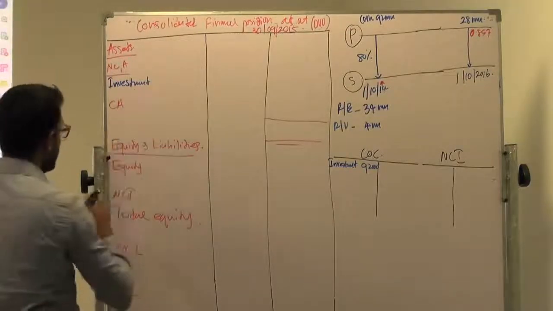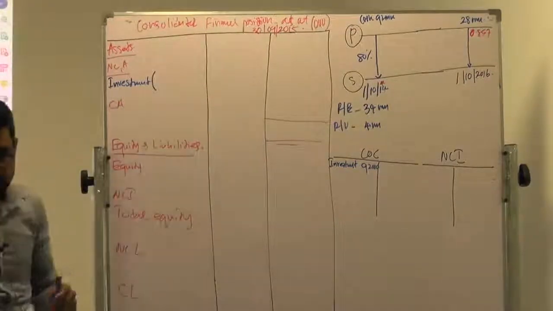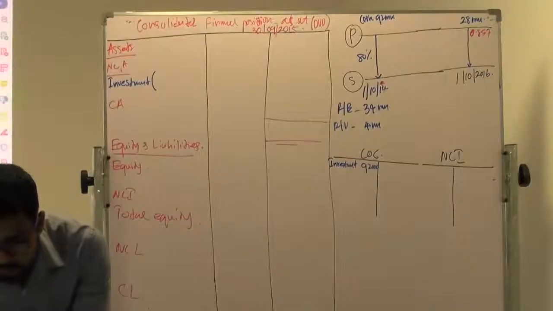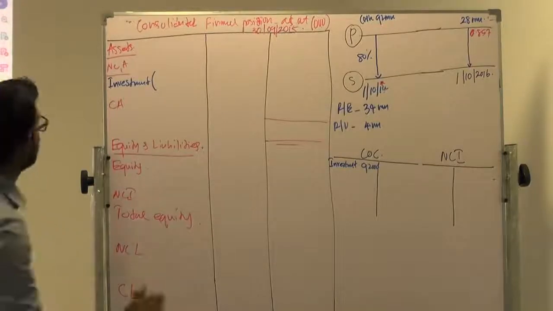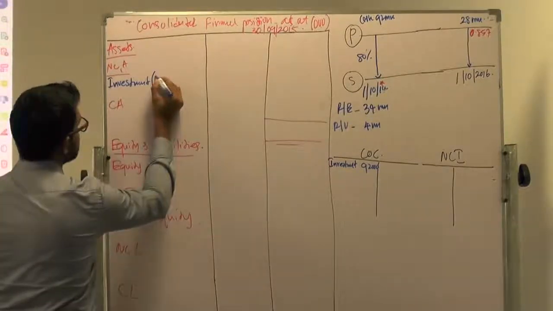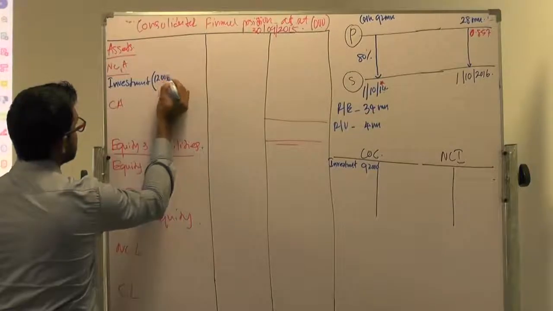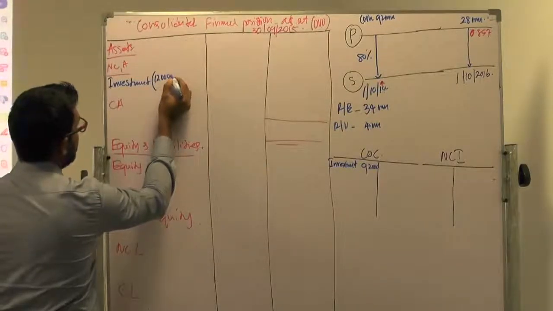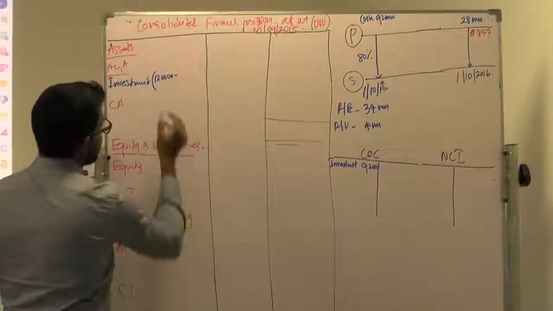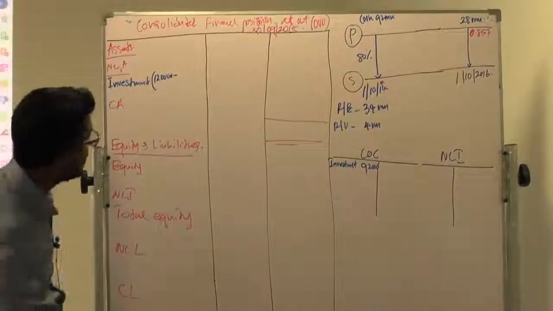In your balance sheet you can see investment in parent 120, credit it 92.